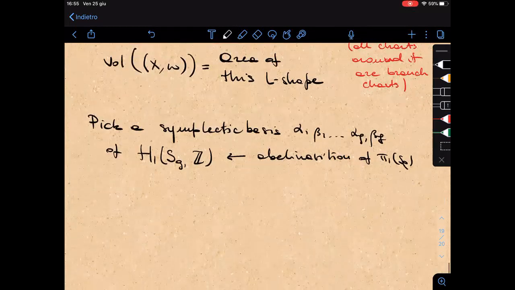And this is a theorem, something classical: the volume that I told you about can be seen as the integral over S of omega wedge omega bar.